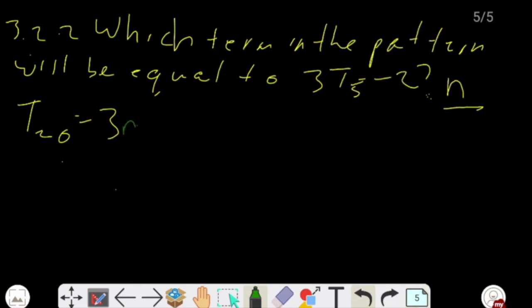And then this is what they want us to find, and then we have our B. This is our normal linear equation. We know the value of T20 is 64, right?